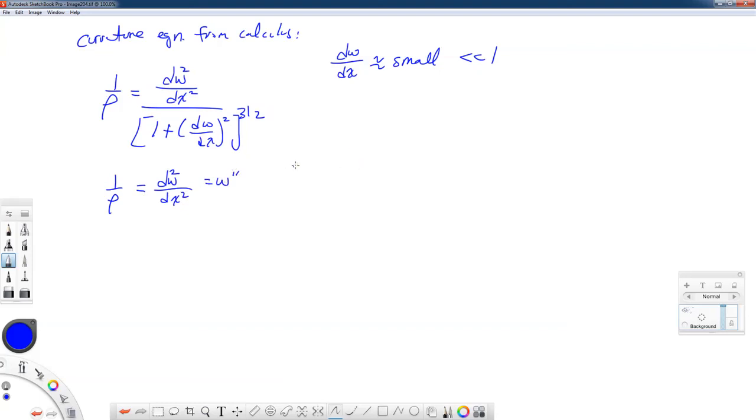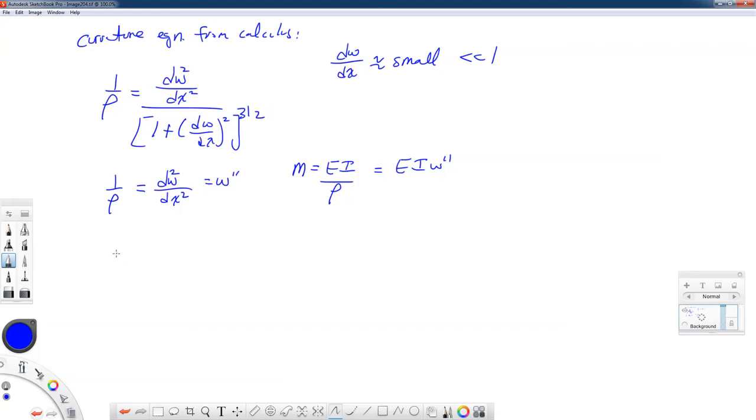So if we go back to our moment curvature relationship, and 1 over radius of curvature is equal to w double prime, we have M is equal to EI w double prime. Now we can do a little bit more work with this if we want. This is enough. If we find the moment equation and integrate it twice and apply boundary conditions, we can find the deflection w for the beam.